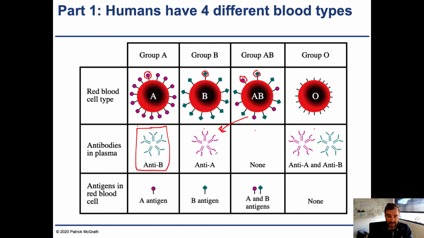They would have antibodies that would attack those red blood cells, and that's what causes the problem. So AB can receive all 4 blood types because it doesn't have any antibodies to worry about, but the O is the universal donor, where it can give to all of the different blood types.